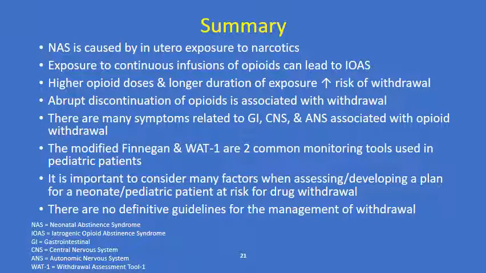There are many symptoms associated, but mainly GI, CNS, and ANS symptoms. The two commonly used scoring tools are the modified Finnegan in the NICU and the WAT1 in the PICU. It is important to consider many factors when assessing and developing a plan for a patient at risk for drug withdrawal. And like I mentioned, there are no definitive guidelines for the management of withdrawal.